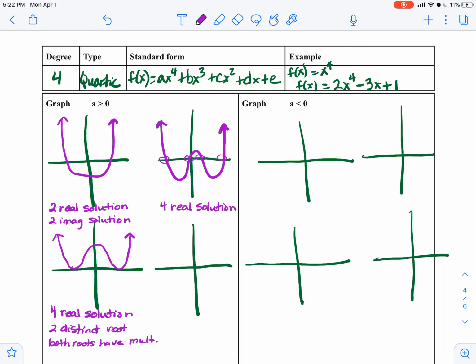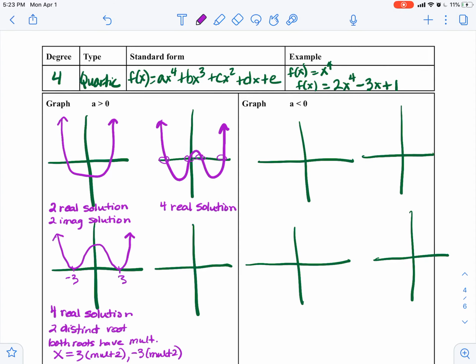So let's say I'll call this one -3, and we'll just call this one 3. Your answer here would be x equals 3, with multiplicity of 2, and then you would say -3 with multiplicity of 2. Okay? Let's see. We'll give you one more.